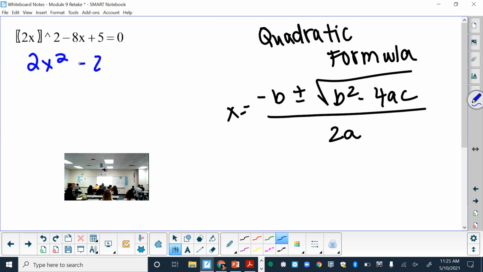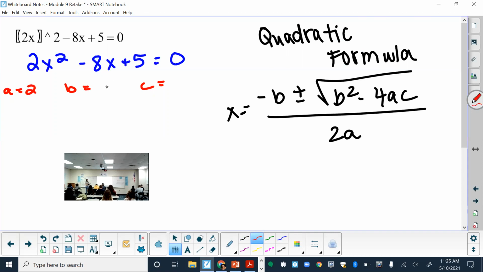So is this quadratic function in the right format to be able to use a quadratic formula? Do I need to change anything about the way it's written? All right, good. It's already equal to zero. It's already in standard form, so we can just go ahead and start labeling which one is our A, B, and C. What's my A value? 2.